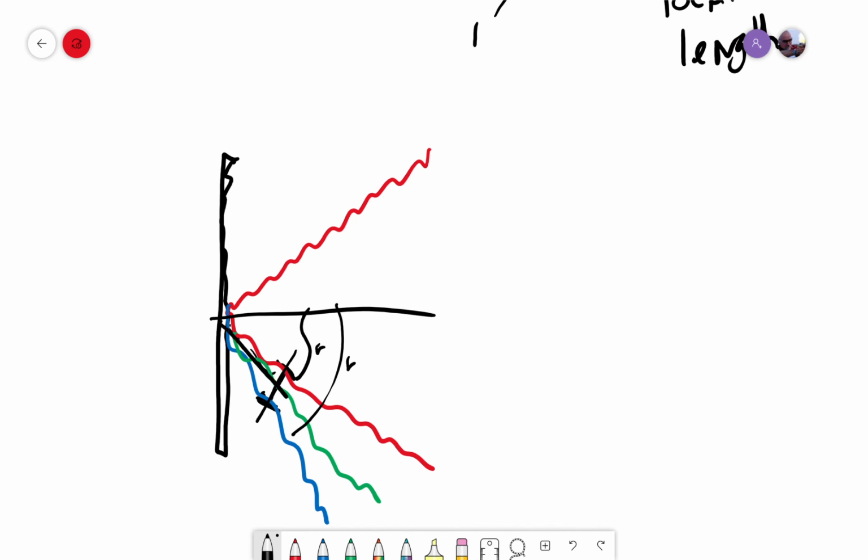But if I move the focal plane back out here, delta x gets bigger.